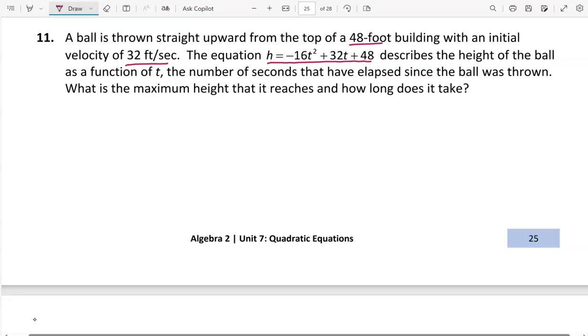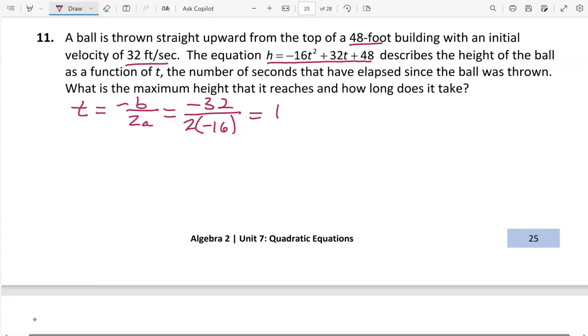So our maximum is going to occur at a vertex. The vertex will be at t equals negative b divided by 2a. The opposite of b is negative 32, and 2 times a is 2 times negative 16. That's negative 32 divided by negative 32, which is 1. So we've answered the question when t is equal to 1 second.